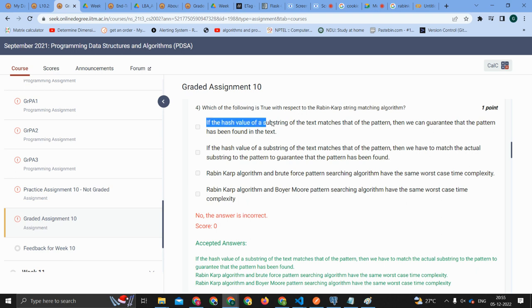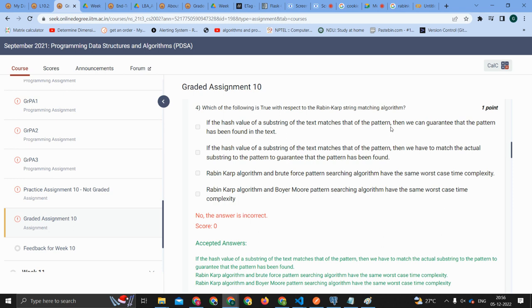If the hash value of the substring of the text matches that of the pattern, we have to check further. Even if the hash value matches, we have to check the individual letters to complete the string matching.